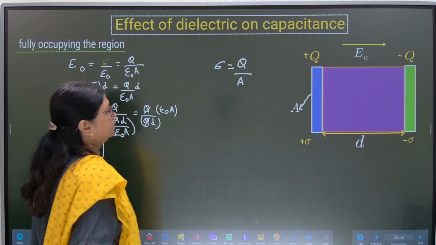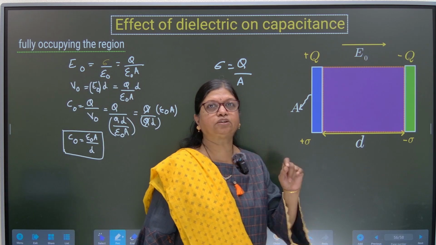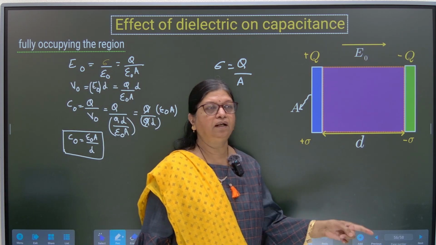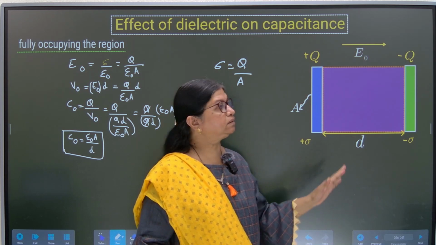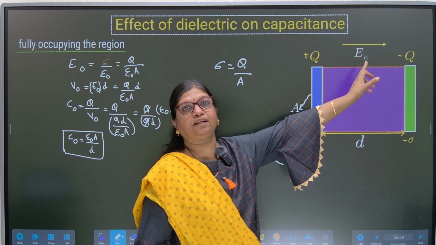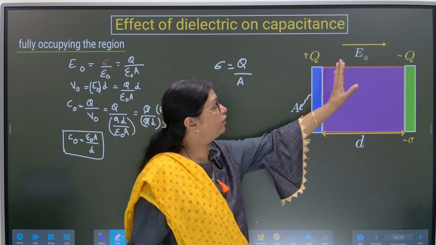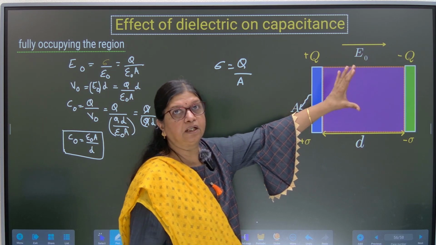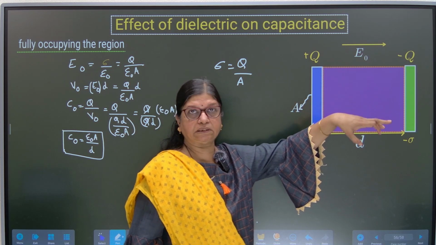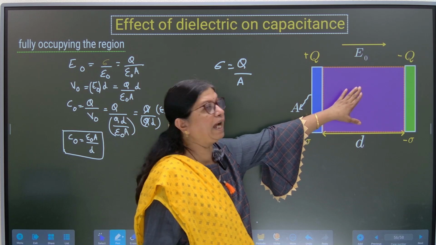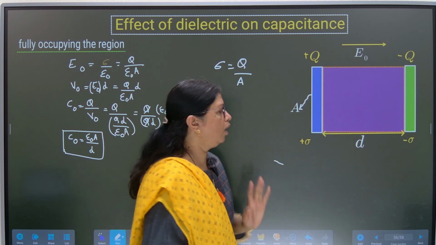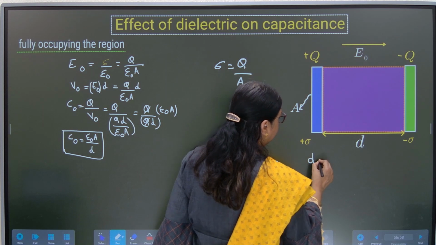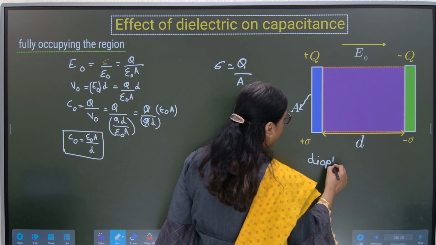Now as learned, as soon as I place the dielectric between the plates, the external electric field will form dipole moments in the dielectric, whether the dielectric is polar or non-polar. What will the external electric field form?